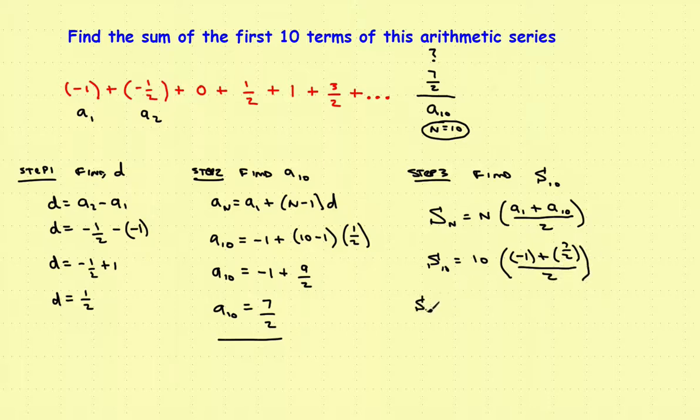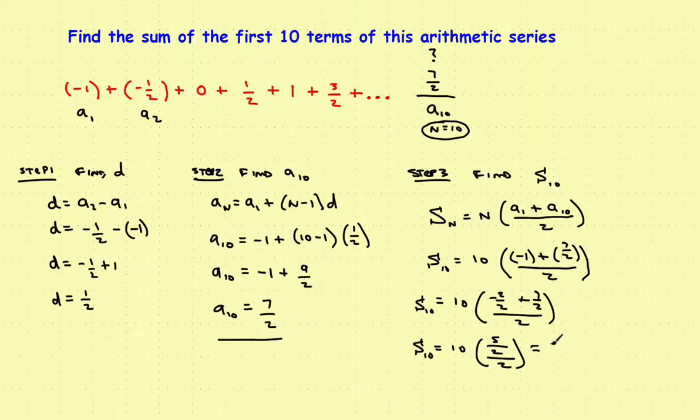So the sum of the first 10 terms, this will turn out to be 10, and just to put it in the right form, this will be -2/2, then plus 7/2, all divided by 2. So that's going to give me 10 times, and this would be 5/2, divided by 2.